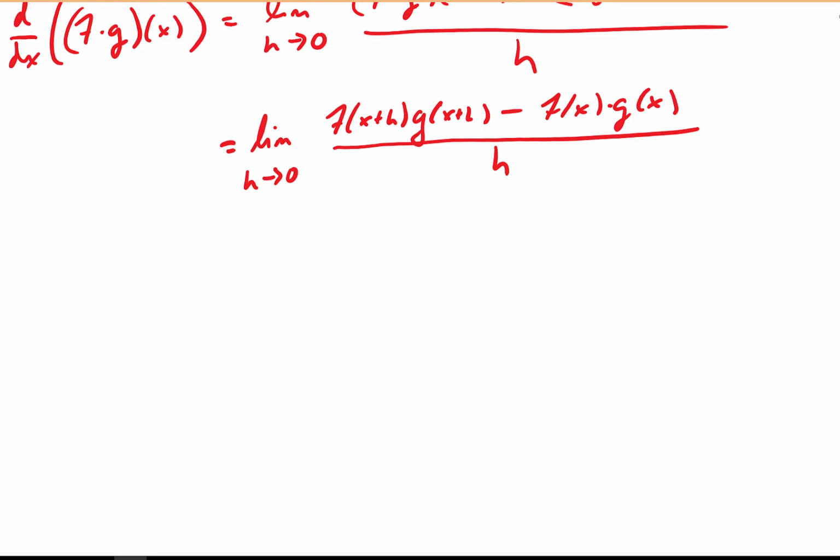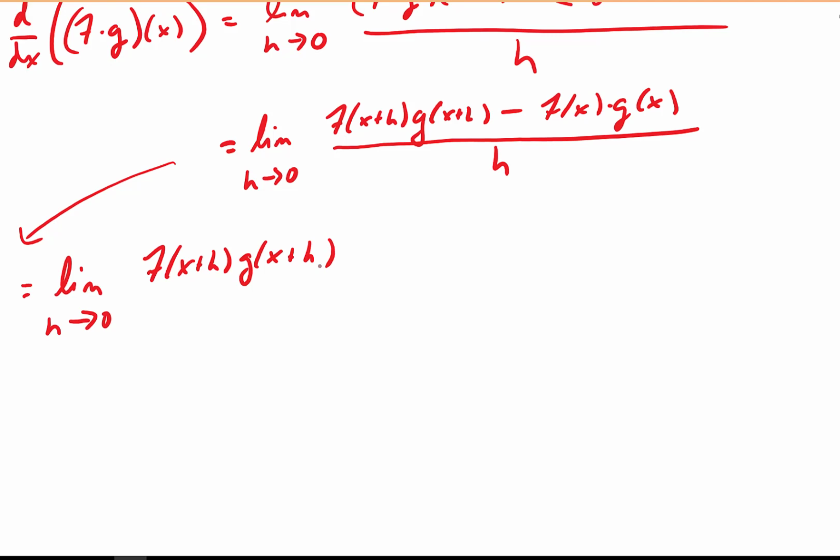Okay, so the big trick in doing the product rule with the limit definition is right here. I'm going to say that's the limit as h approaches 0 of, and inside this fraction here, I'm going to add and subtract the same term. So this is f of x plus h times g of x plus h, and then here's where I'm going to insert that term.